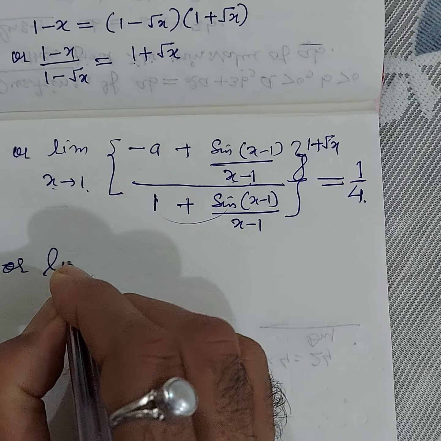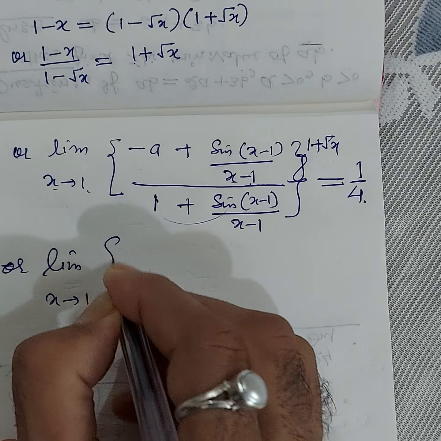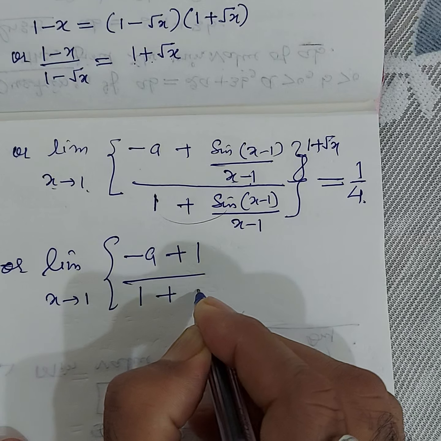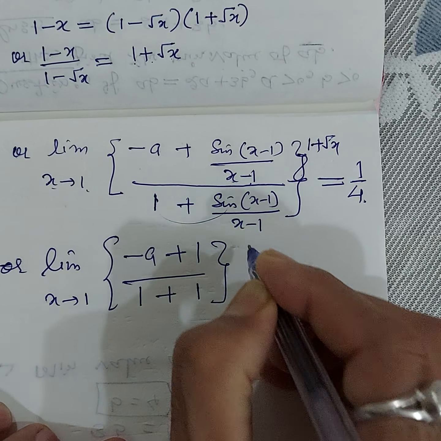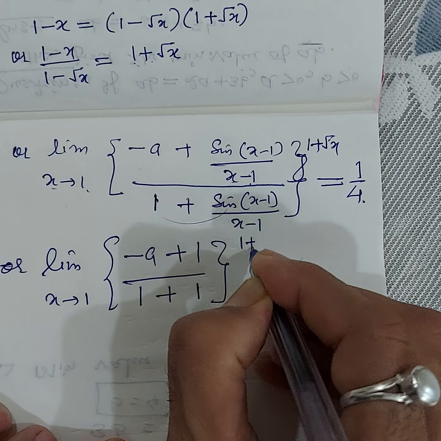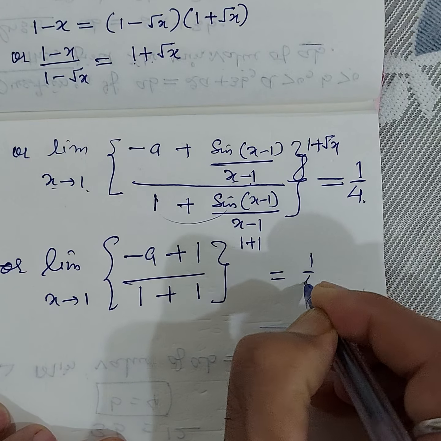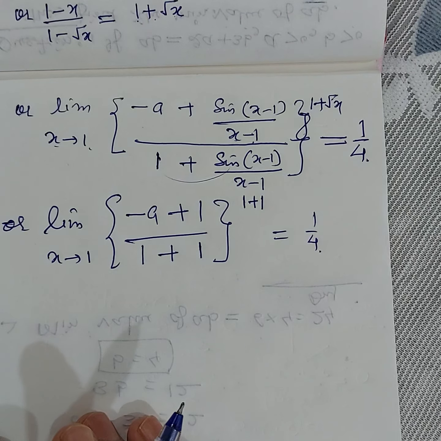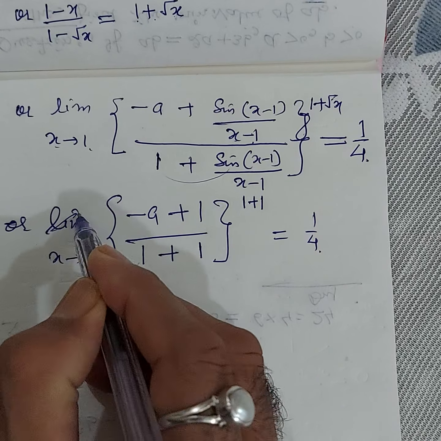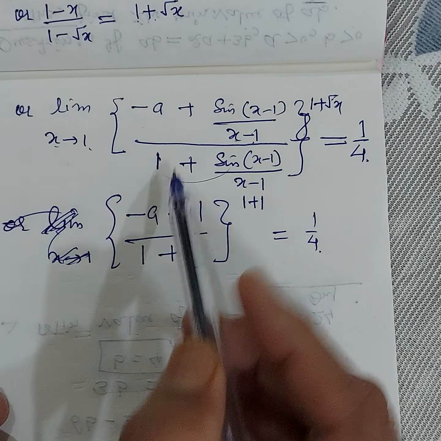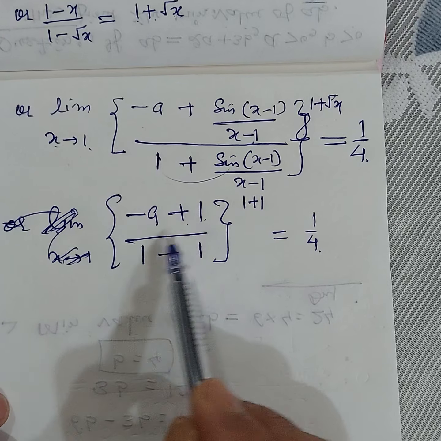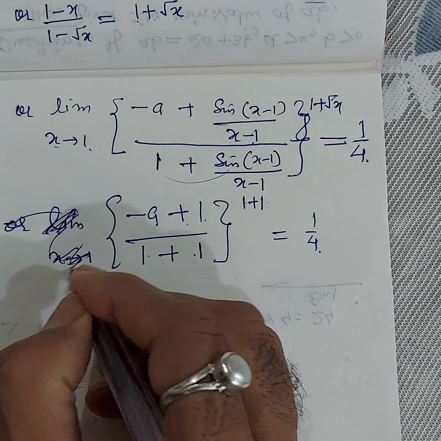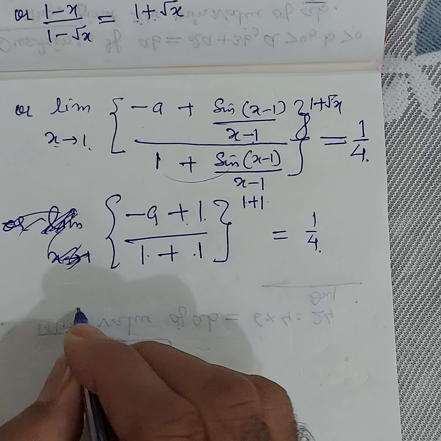So the limit of this function becomes (-a + 1) upon (1 + 1), to the power 1 + 1, is equal to 1/4. Here 1 plus 1 is 2.